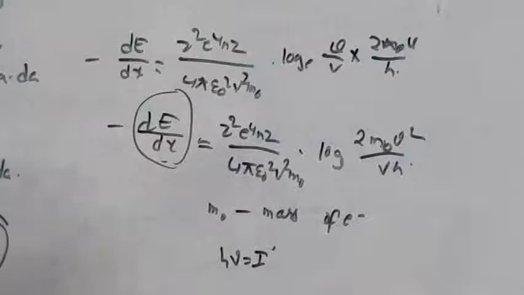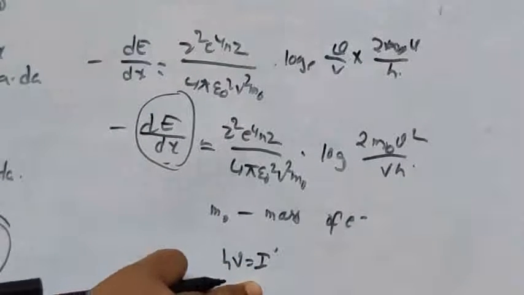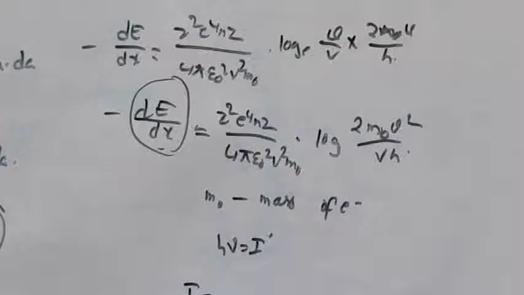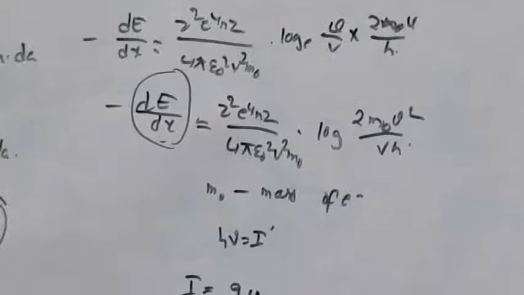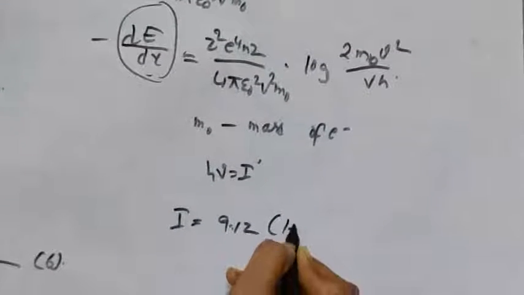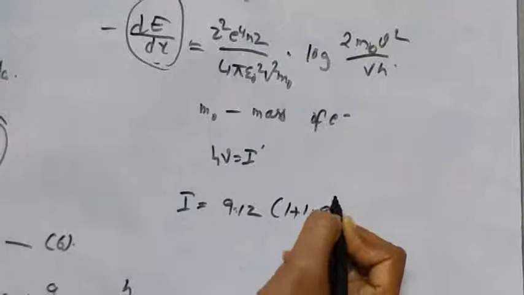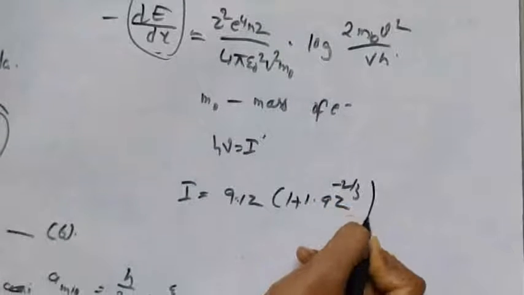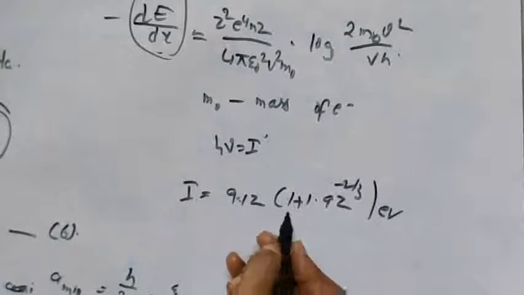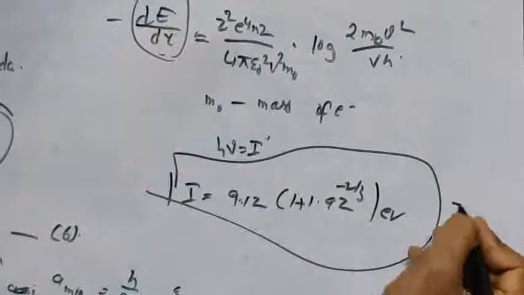So here h nu is related to the ionization potential, and it is given by I is equal to 9.1 Z of 1 plus 1.9 Z to the power of minus 2 by 3 electron volt. This we are calling equation number 7.